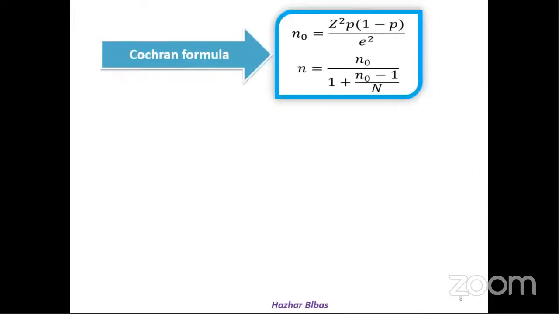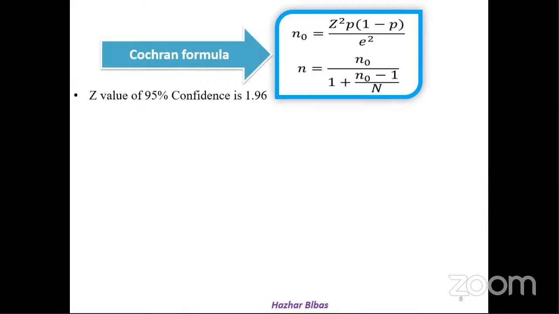This is the Cochran formula, and we can say this is the elementary formula without the number of the population. We just have the z-score times proportion times 1 minus proportion, divided by the margin of error squared. But the second one is the advanced one, because it has the number of the population included.